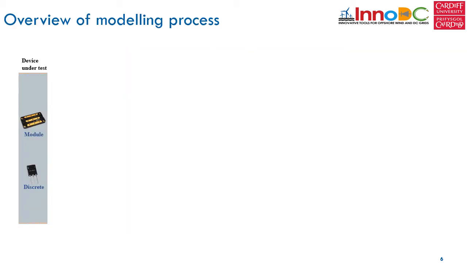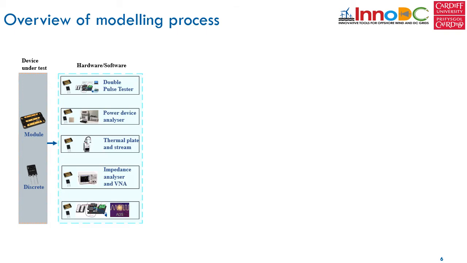The general modeling process of silicon carbide MOSFETs is summarized in this slide. Some hardware and software are required to characterize the device under test. For example, we need the double pulse tester, the power device analyzer, the thermal plate, an impedance analyzer or vector network analyzer, and the digital simulation tools.